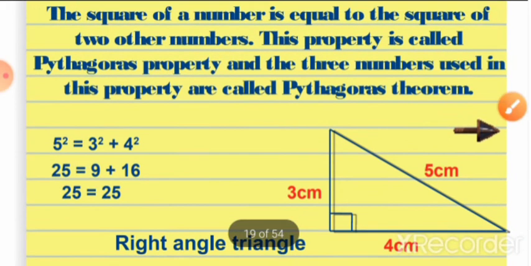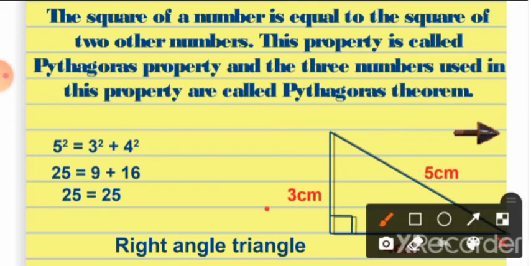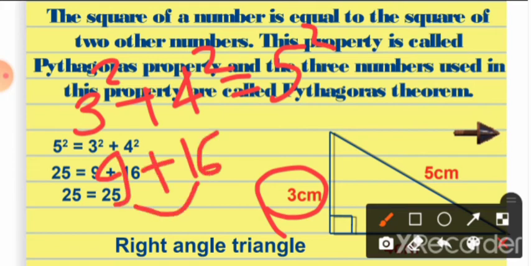The Pythagoras theorem says that the square of the largest side is equal to the sum of the squares of the two smaller sides. In this situation there are 3 sides: 3, 4 and 5. The two smaller sides: 3 square is 9 plus 4 square is 16, so the total sum is 25, and 5 square is also 25.